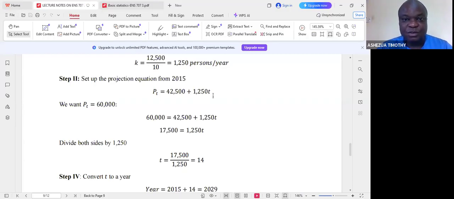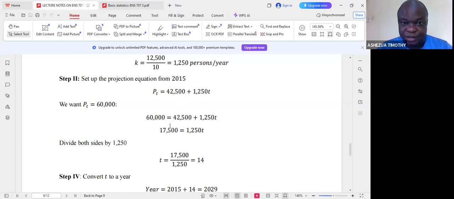So all we're required to do is make T, the time, the subject of the formula. We already have 60,000, which is given in the question. The base population is already given. We calculated our value for K. Now we're expected to find T.